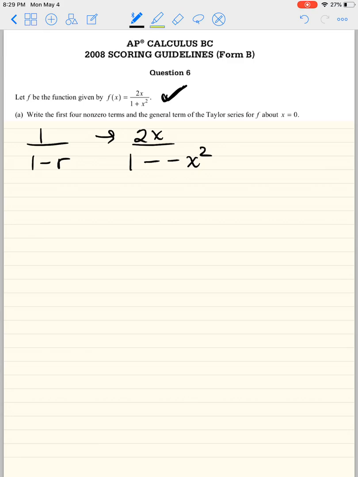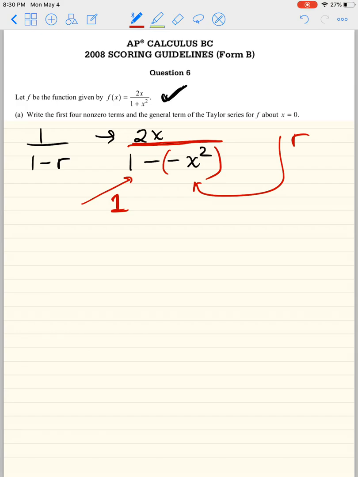And then I'm just going to wrap him with that red paper. So 1 minus x squared. And now I have my r that I want, and I have my 1 that I want. Some of you are like, wait, what about that 2x? We can leave the 2x out for now.